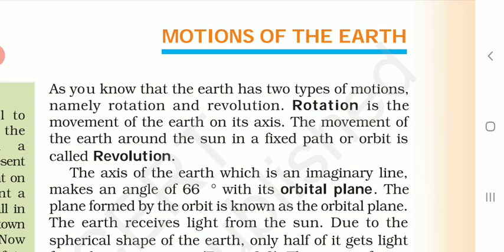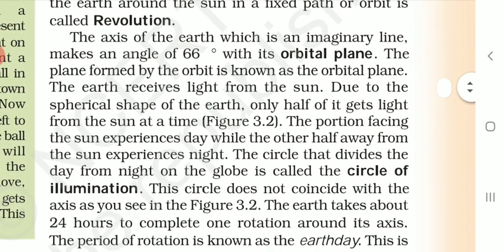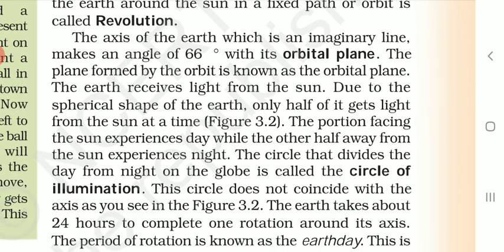Rotation is the movement of the earth on its axis, while revolution is the movement of the earth around the sun in a fixed path, the imaginary path through which the earth takes rounds of the sun. So, due to rotation, the days are changing, and due to revolution, the seasons or years are changing.